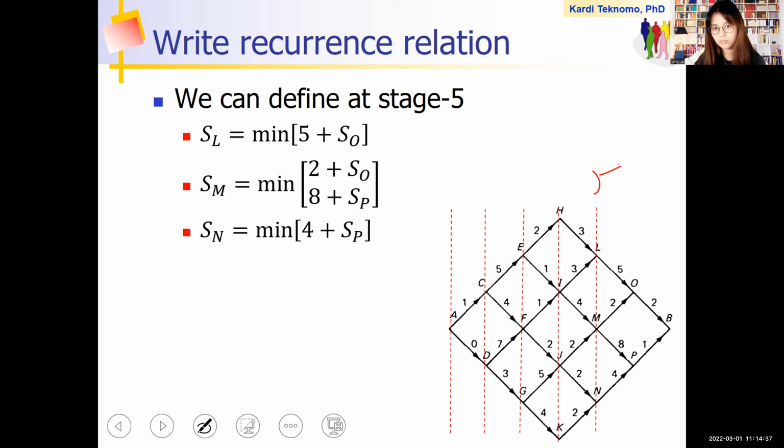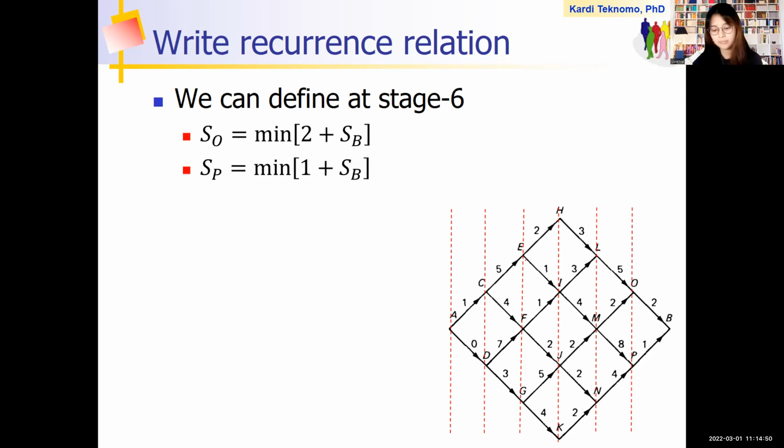What, Livy? SP, Livy. 1 plus SP. Yes, so we need to add the minimum of 1 plus SP. Okay, so that one.